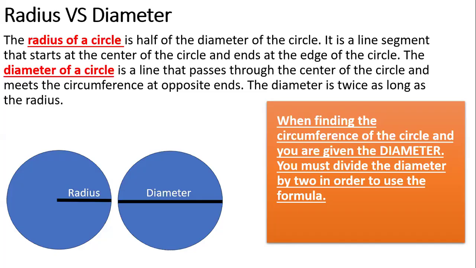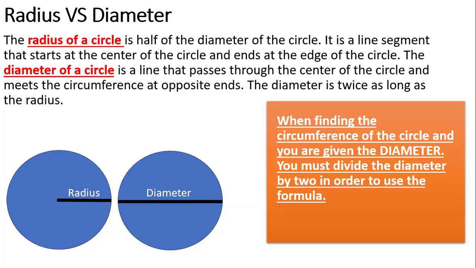So go ahead. I told someone to read this. Go ahead, read this. The radius of a circle is half of the diameter. It is a line segment that starts at the center of the circle and ends at the edge of the circle. The diameter of a circle is a line that passes through the center of the circle and meets the circumference at opposite ends.